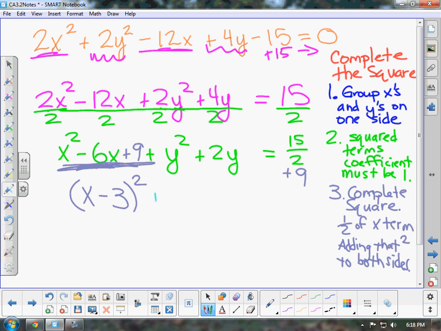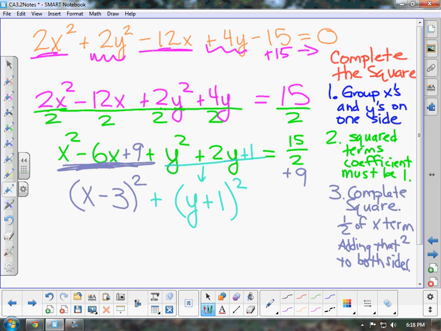And then we have to do the same thing with the y's, except here we're not taking half of the x term, we're taking half of the y term. So we put parentheses and squared, y plus half of 2 is 1. Well, now 1 squared is 1, so then we're adding 1 to this in order for us to factor this whole thing down to that.